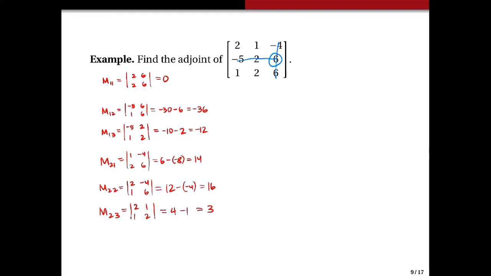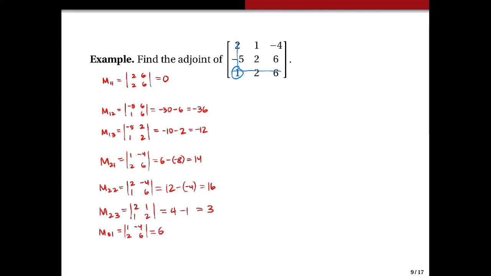And then for the last three entries, we have M31. Sorry, it's M31: the determinant of 1, negative 4, 2, 6. We delete this row and this column, and we have 1, negative 4, 2, 6.